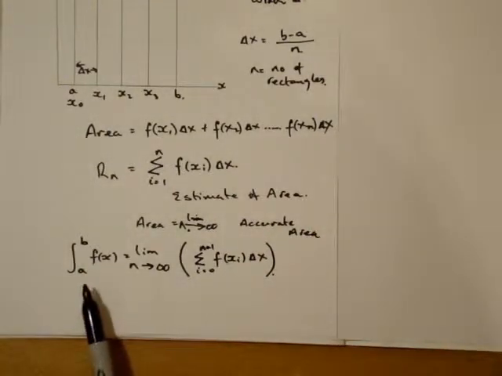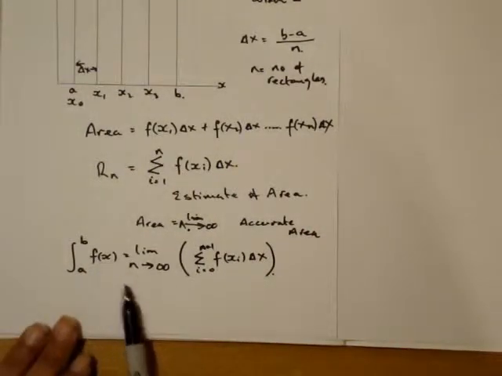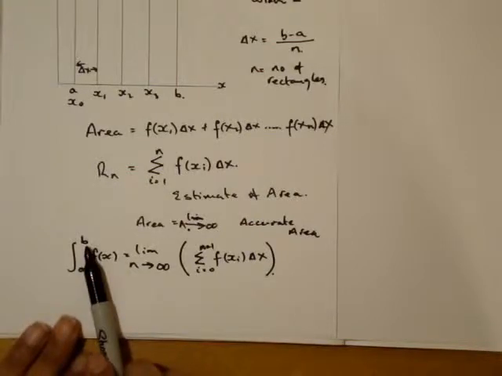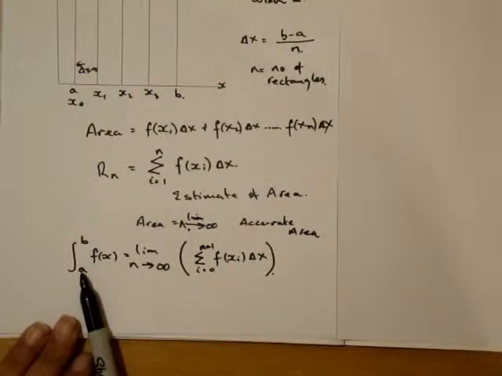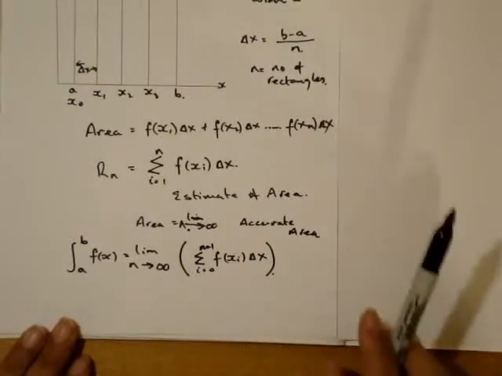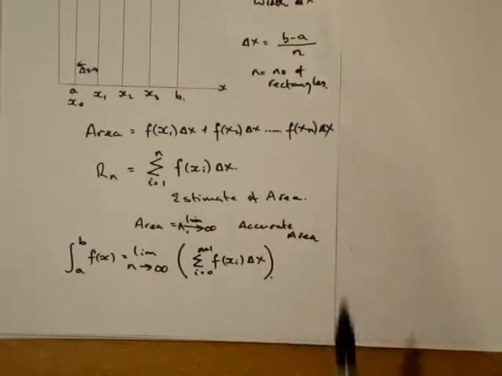So when we take the integral of the function between the upper limit b and take away the integral of the lower limit a, we get an accurate area under the graph.